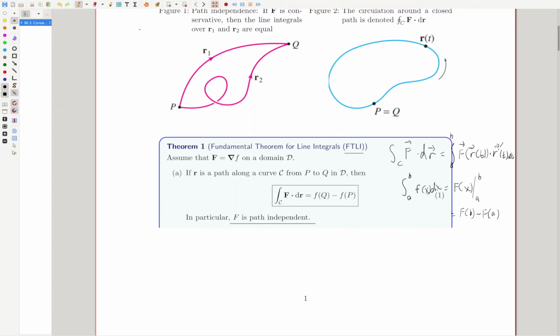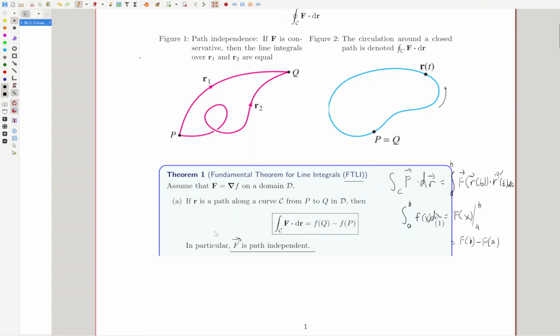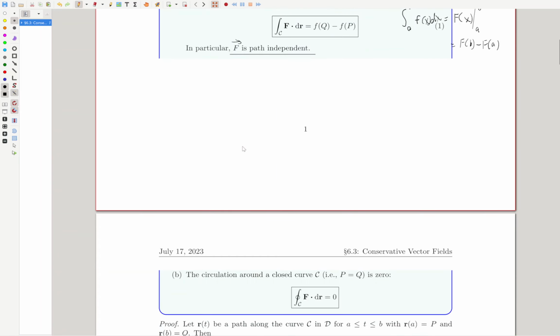So line integrals that you compute over this vector field, I guess this should actually be in bold, that's a bit of a typo, so line integrals that are computed over this vector field are path independent. You don't need the path itself. You just need the two endpoints of the path, and then you're able to evaluate the line integral in that way. You only need to plug in at P and Q in this picture.